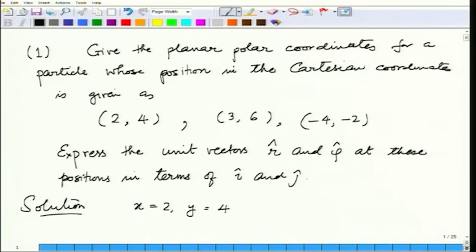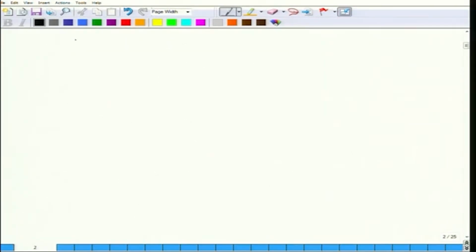First, let me make a general statement that when I am dealing with planar polar coordinates, if there is a point here x and y, the radial coordinate is given by this distance from the origin, which we call r, and the angular displacement is given by this phi.